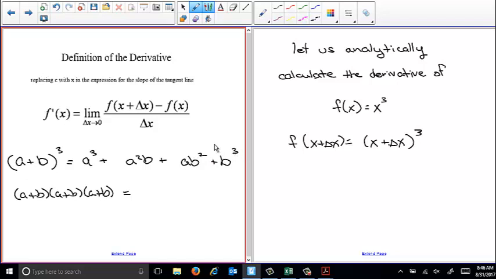It's like a plus b squared, which is a squared plus 2ab plus b squared, which we just did with x plus delta x. So the question is, what are these coefficients? Anybody remember that?